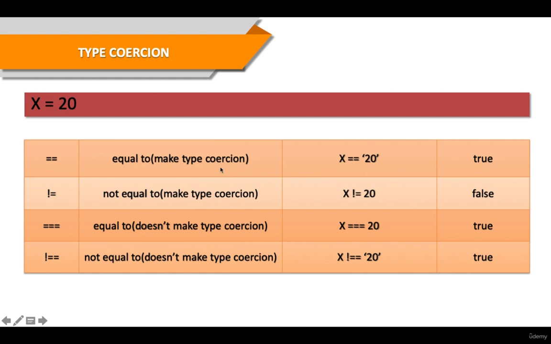So when we use double equals, it performs a type coercion. So what that means is it takes the two numbers or the two strings or the two variables, whatever they are, and it tries to turn them into a similar type so that it can then compare them, right? So in this example, x is the number 20. And when we double equals x with the string 20, well, that's true because JavaScript performs type coercion.